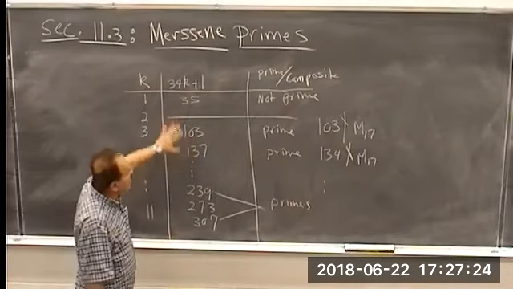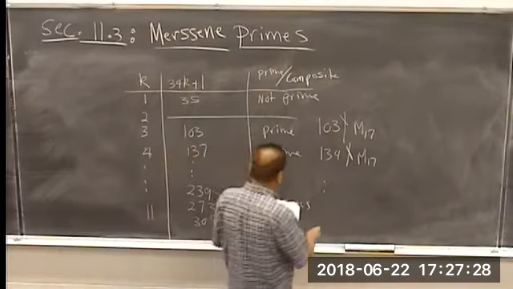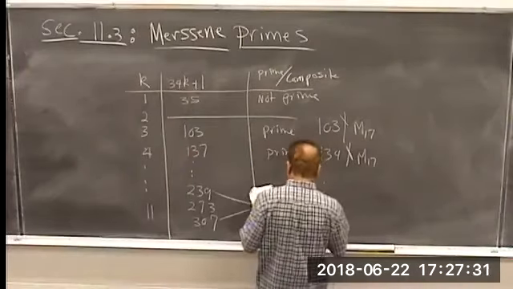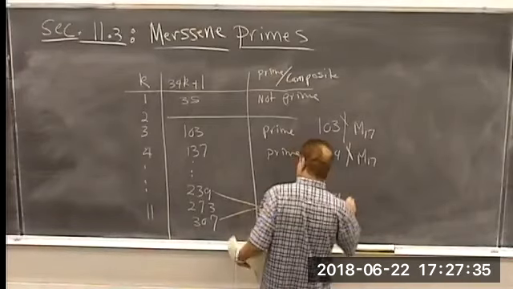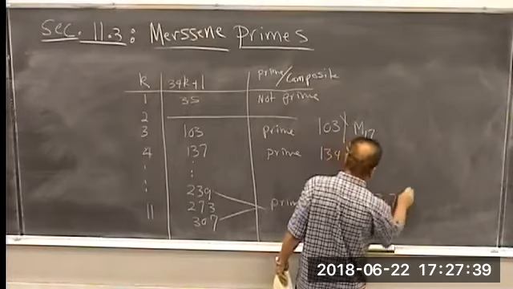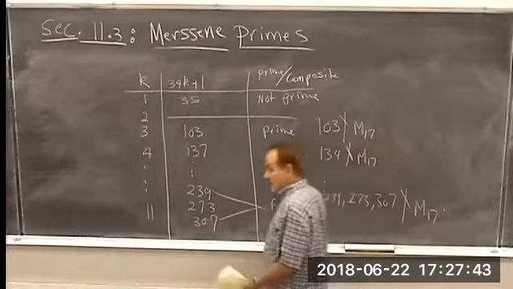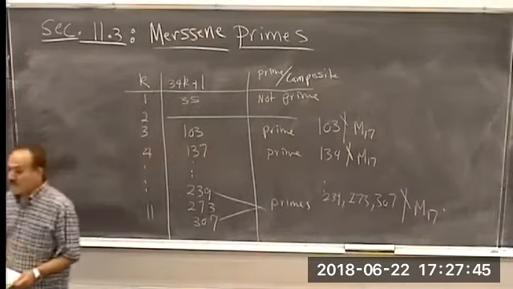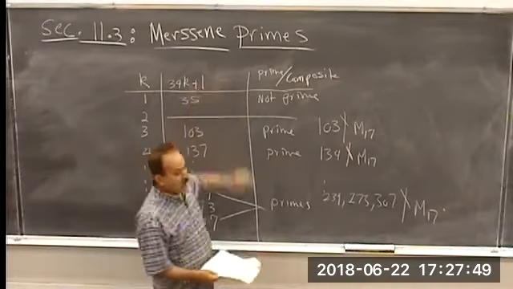Actually this proves that M17 is a prime, because none of these does divide: 239, 273 and 307. All of these do not divide M17. So in other words, M17 does not have any prime factor, because if it had a prime factor, it must be of this form. I'm sorry.